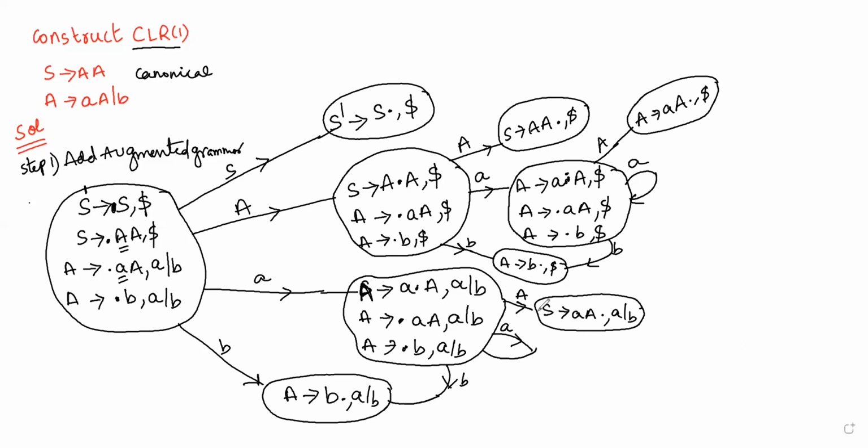In order to construct the table, you write the numbering to all the productions. So let us assume this is I0, I1, I2, this is I3, this is I4, this is I5, this is I6, this is I7, and this is I8, this is I9.